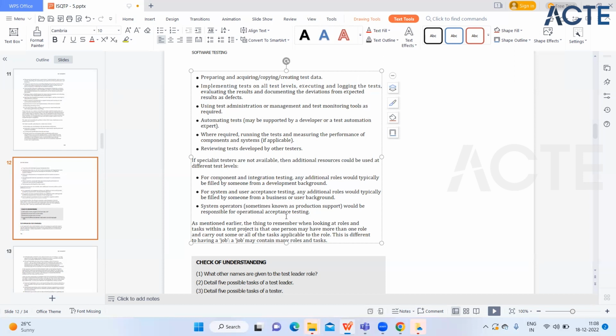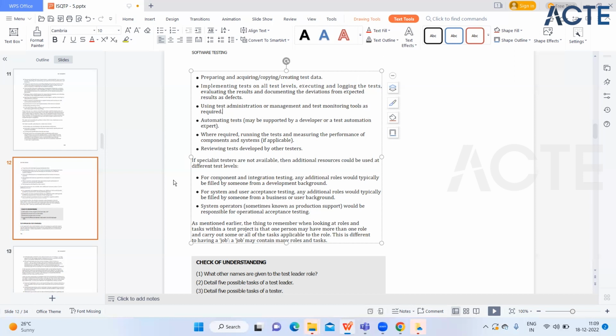Now, if specialist testers are not available, then additional resources could be used at different test levels. For example, we have to check the performance testing, security testing. If someone does not have that knowledge, then definitely we have to hire more testers in that case.